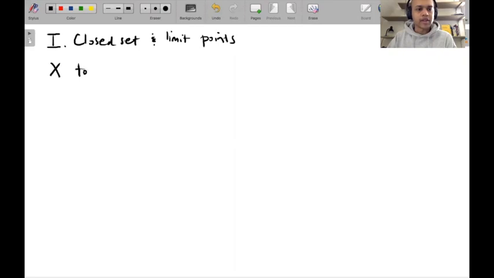So let's start with X, a topological space. And let's fix A, some subset.